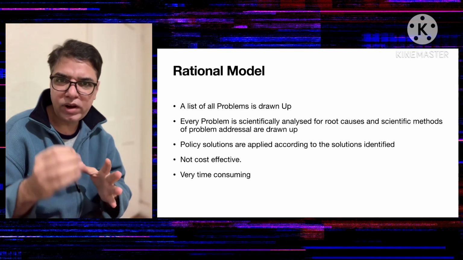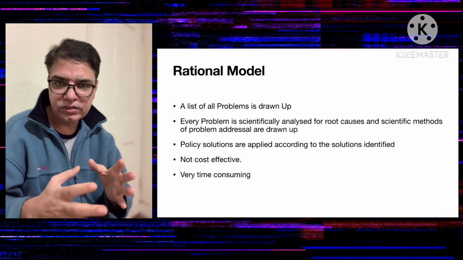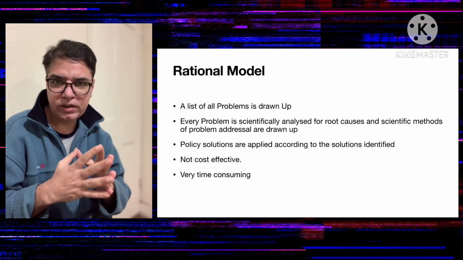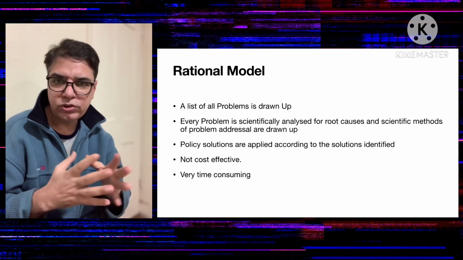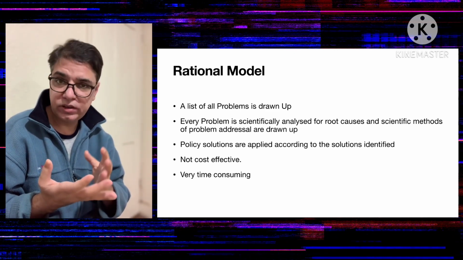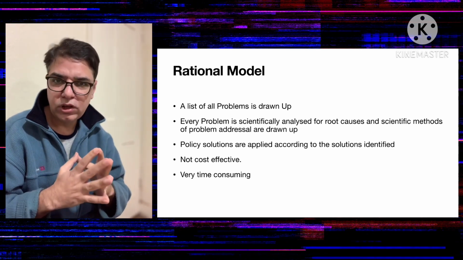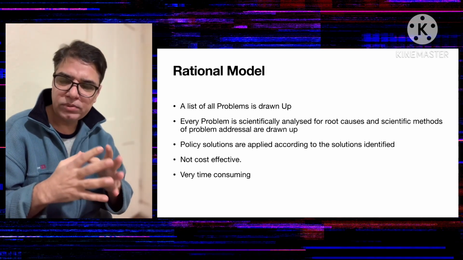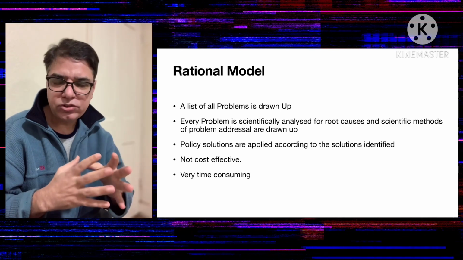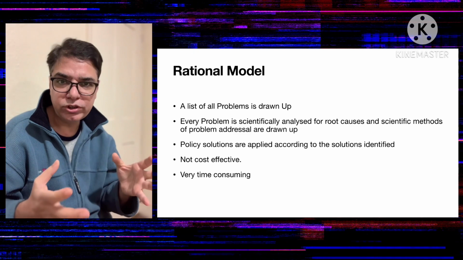So for every problem, you look at what the reasons for that problem are. For example, if the coverage is low, why is it low? Is it because of poverty? Is it because of lack of infrastructure? Is it because of lack of finances? Is it because of lack of human resources? And so on and so forth. So you analyze the problem scientifically, and based on that scientific analysis, you come up with a list of different solutions.